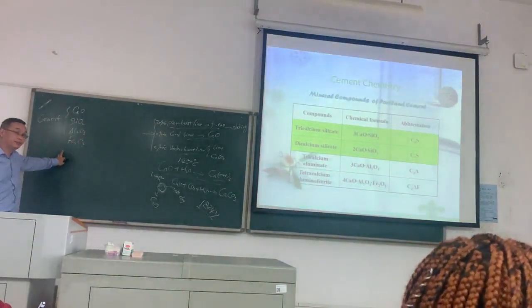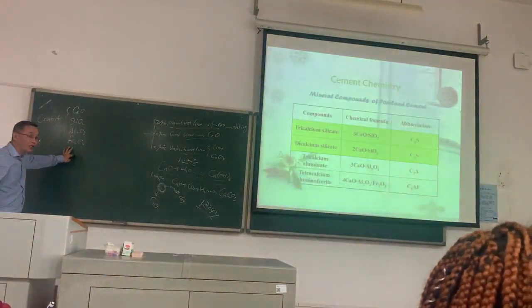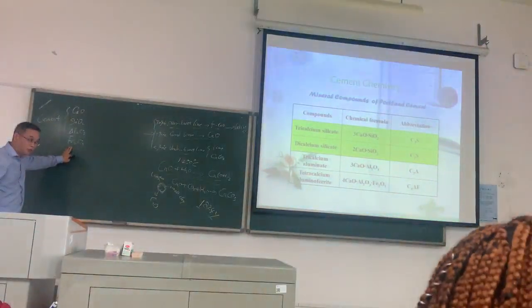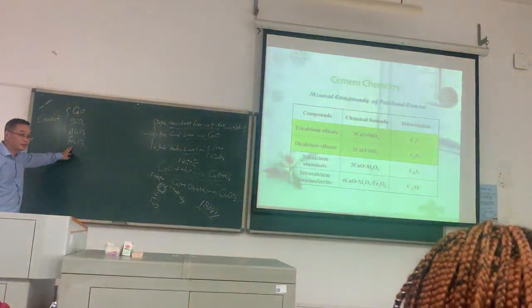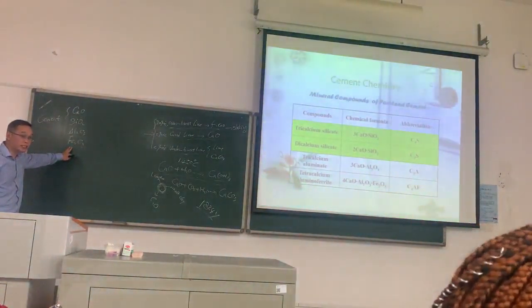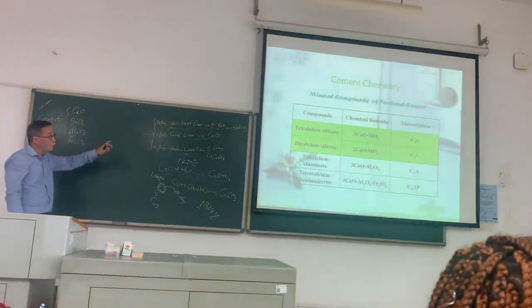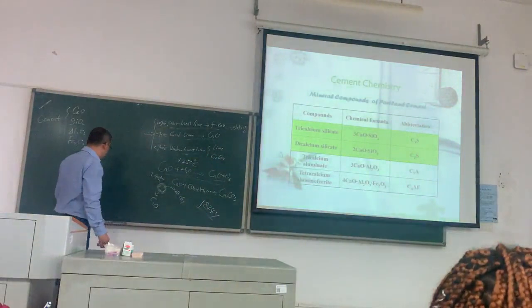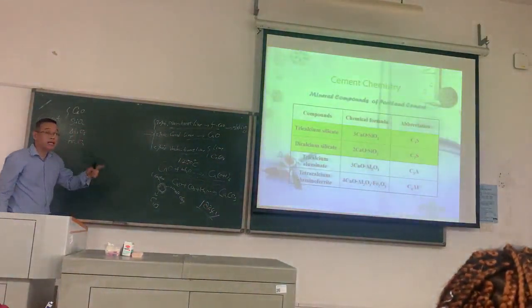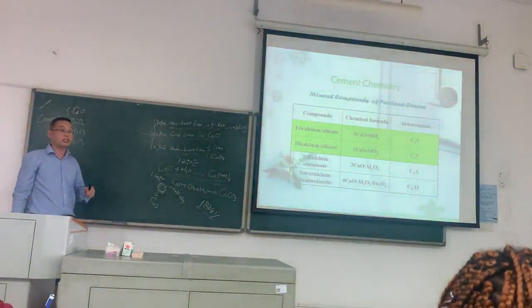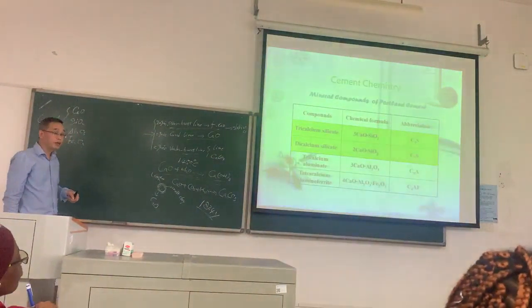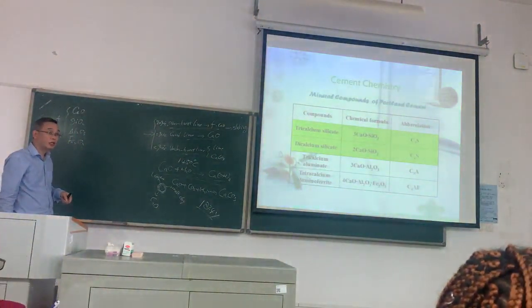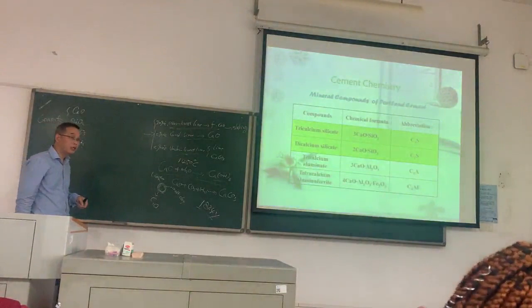But this is a chemical compound of the cement. What we need to study here is the minor compounds in the cement. Iron oxide and aluminum oxide.